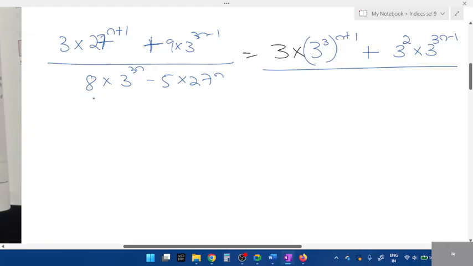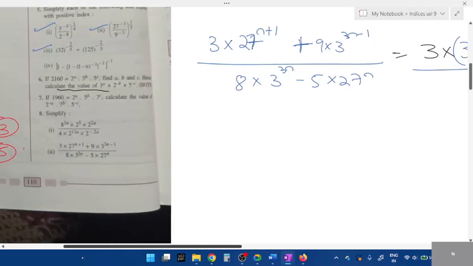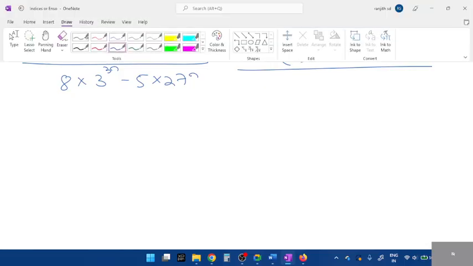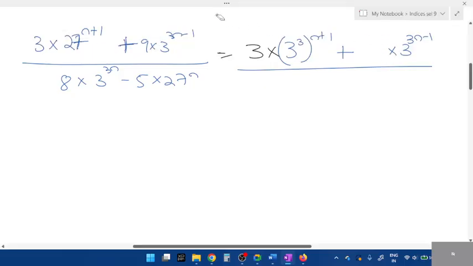Divided by 8 is given. How do I write 8? So numbers, don't change it. If there's only a number, just keep it as it is, students. Even here, I'll keep 9 as it is. Yes, all of you respond. 8 as it is, 3 to the power of 3n minus 5 as it is.